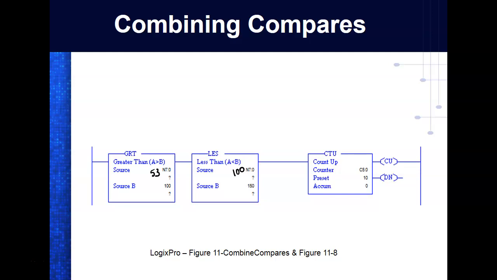That would be where we get that from. Remember, source A has got to be a data file, right? So when would the counter be enabled? When would it count? So when would the first one become true? When would the first one become true?